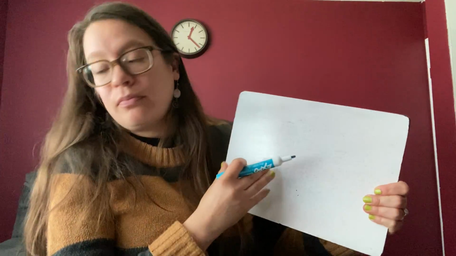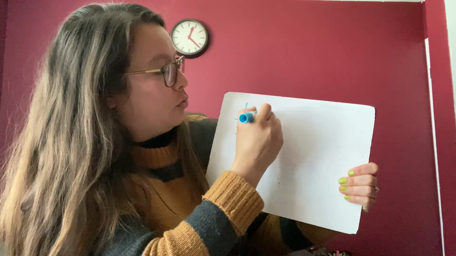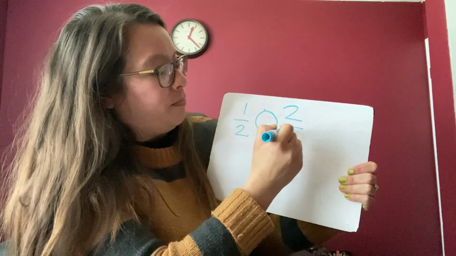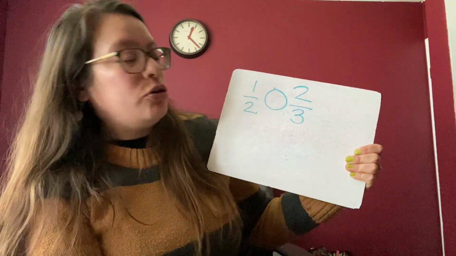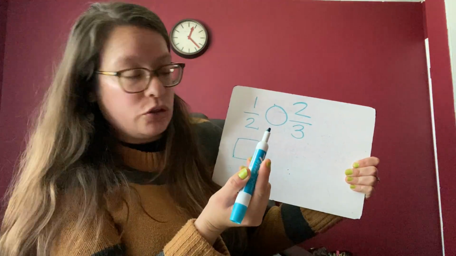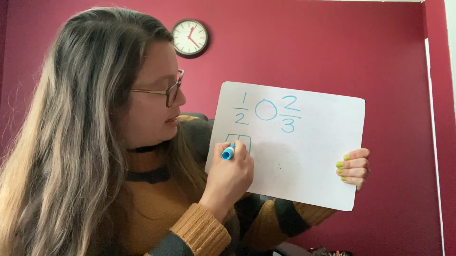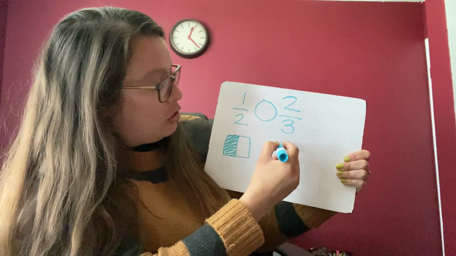Letter A. Compare 1/2 to 2/3. I'm going to do squares here. You could have done squares or circles. So 1/2 would be like this, right? And 2/3.